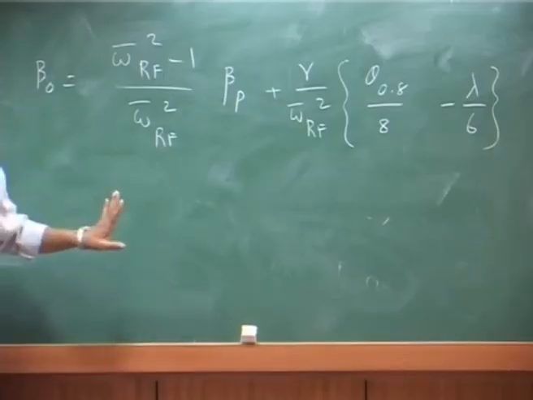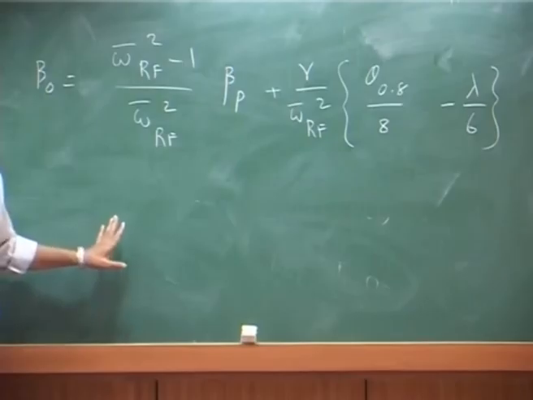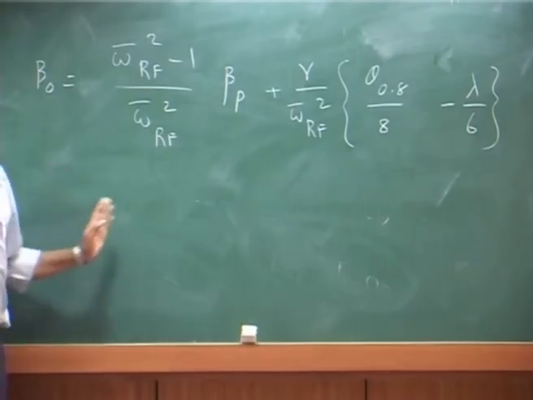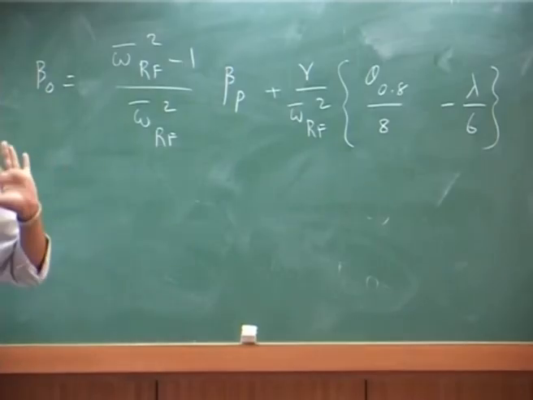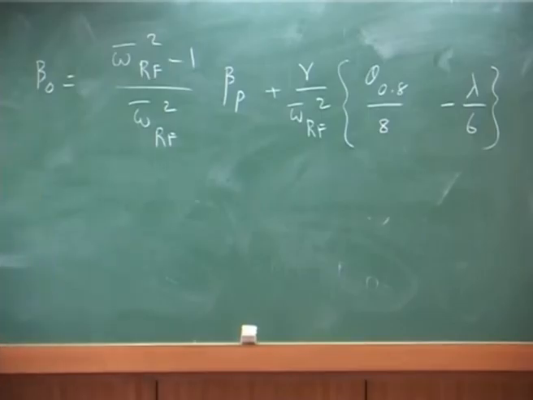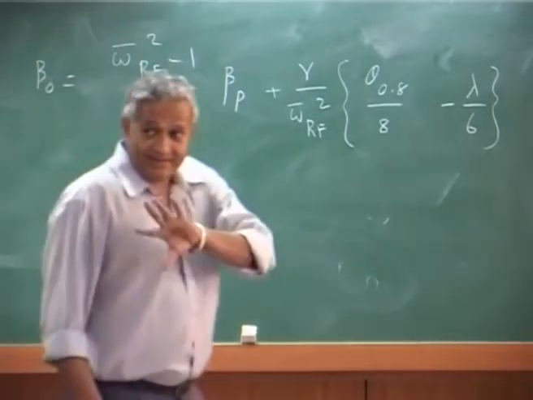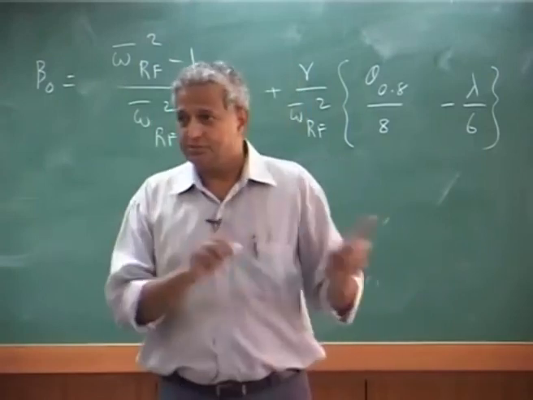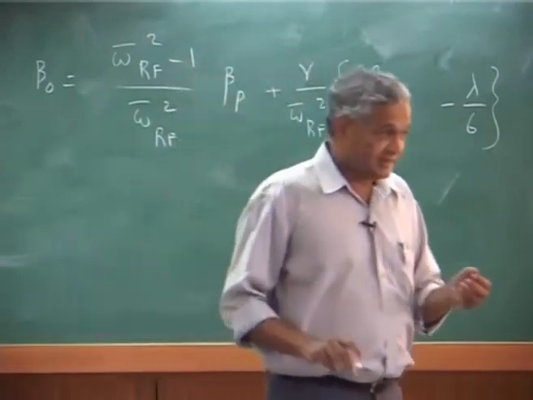If it is centrally hinged, assume that it is centrally hinged, if you know the rotating flap frequency, you know what is my k beta. So, you should be able to handle this kind of equivalence easily.